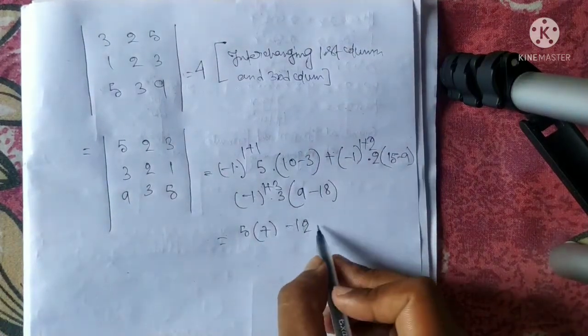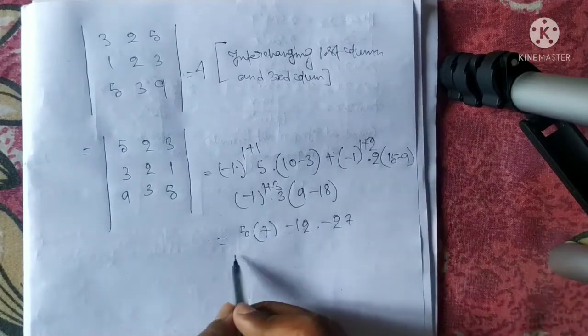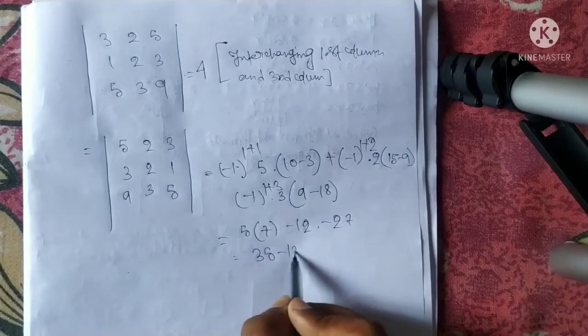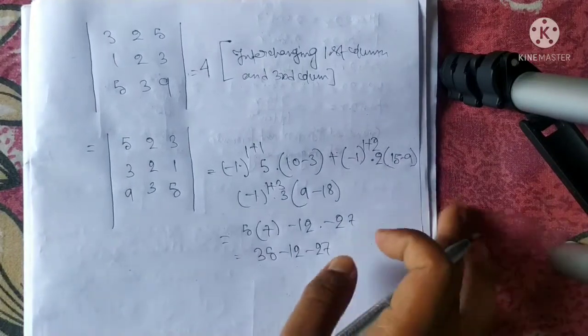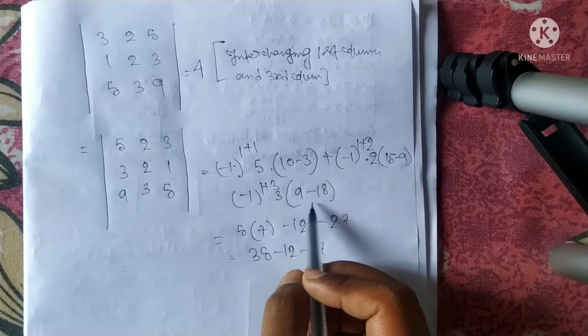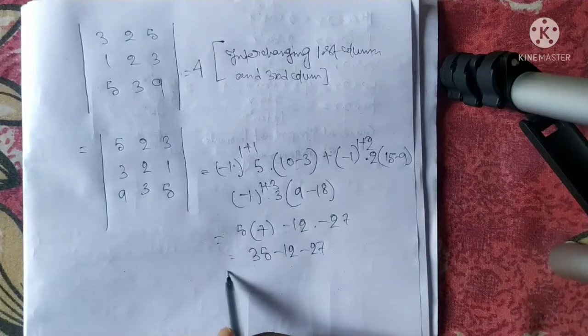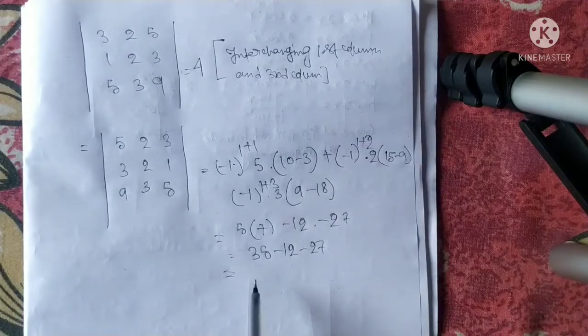This is plus, it is minus 27, so 35 minus 12 minus 27. Okay, let us check it. 35 minus 12 is 23, so 23 minus 27 is minus 4.